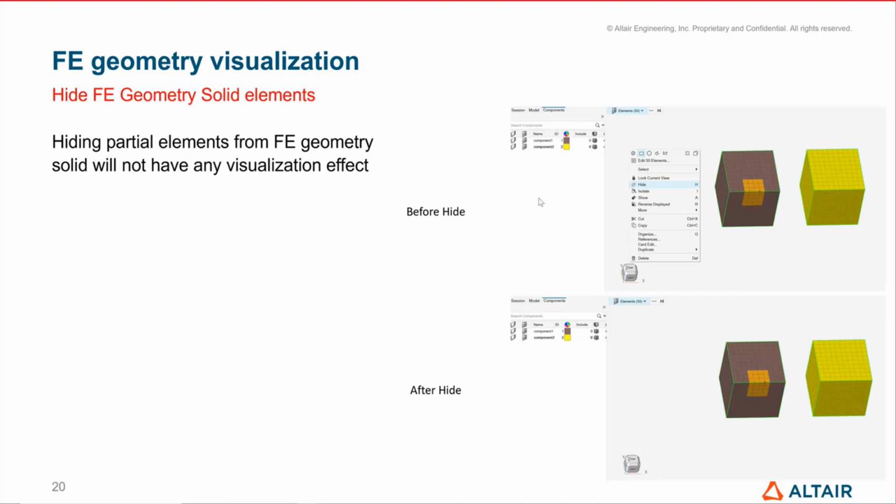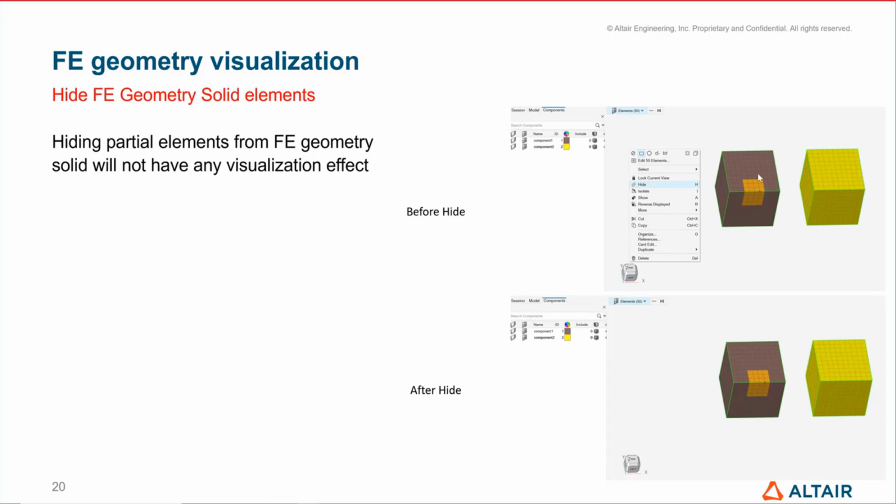When you have enclosed mesh, it creates an FE solid. Like here in the example, a cube is all enclosed, so when the conversion happens, it gets created into an FE solid.